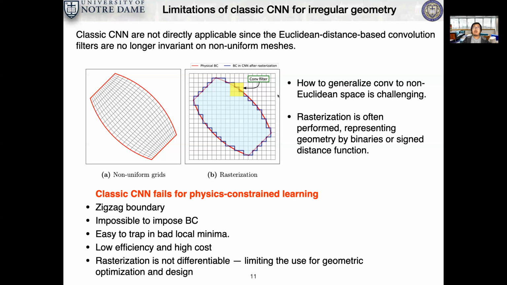And lastly, we know that conventional rasterization or voxelization methods are not differentiable with respect to the input design space. So it's going to limit its use for geometry optimization and design purposes, and it's going to limit those applications.